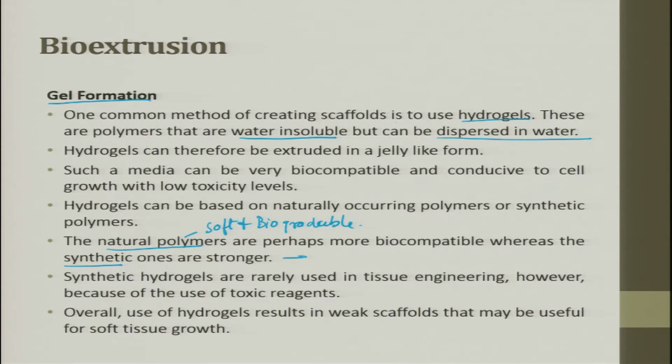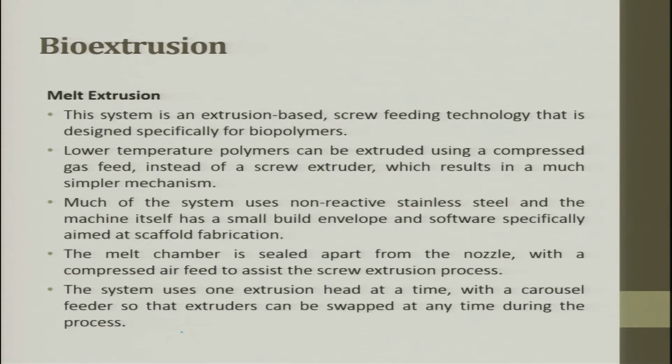Synthetic are strong, and many a times you add elements to it which are non-biodegradable. Many a times, some of the elements, not all the elements. Synthetic hydrogels are rarely used in tissue engineering, however, because of the use of toxic reagents. Overall, the use of hydrogel results in weak scaffolds that may be useful for soft tissues.